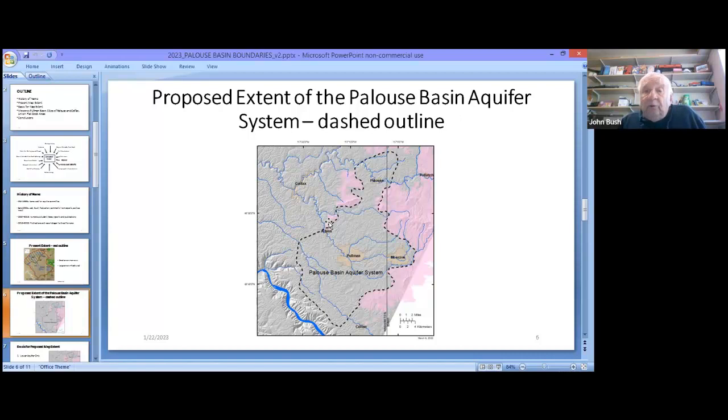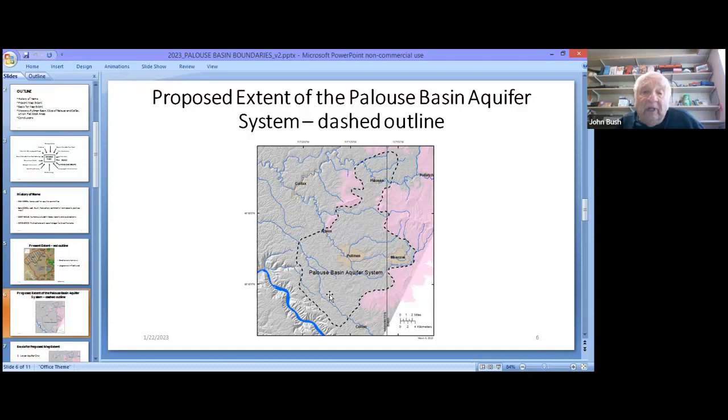Relatively easy, as long as you have enough data. Now just jump down to the Snake River and notice this straight line we have along there. That's another boundary that's fairly well defendable. It seems logical that the groundwater would move from Pullman to the exposures of those aquifers along the Snake River, but the water is not flowing out of those contacts.